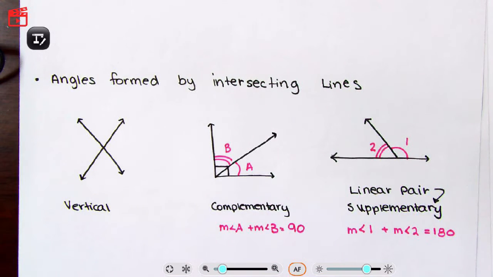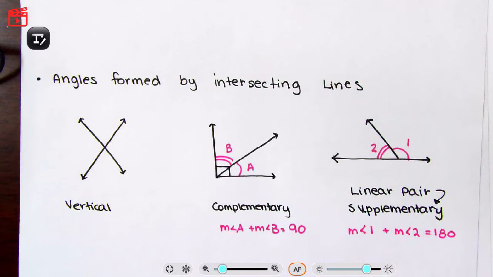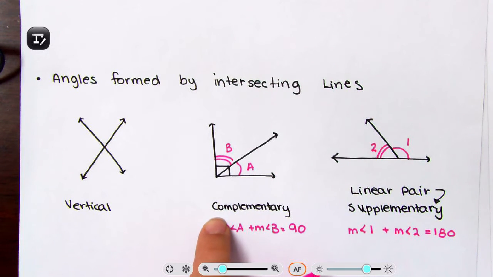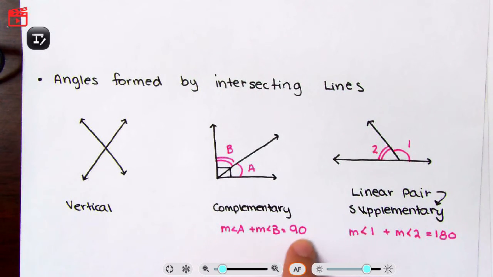The way I like to remember the difference between a supplementary angle and a complementary angle is that when you have supper, you want a lot of food, so it's going to be equal to the larger angle. When you get a compliment, that means the person who's complimenting you is right. Feels nice when someone compliments you and they are right, so 90 degrees.